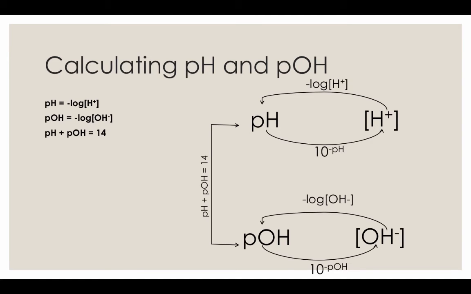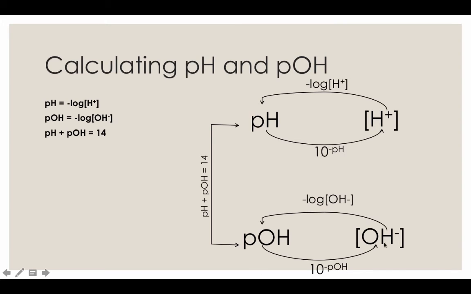The graphic shown here shows you how to get back and forth between each of the values we've discussed. When given the H+ concentration, you can determine the pH by taking the negative log of the H+ concentration. Conversely, if you're given the pH, you can determine the H+ concentration by taking 10 to the negative pH. This is essentially the opposite of taking the negative log of something.